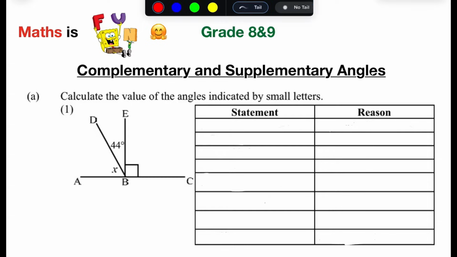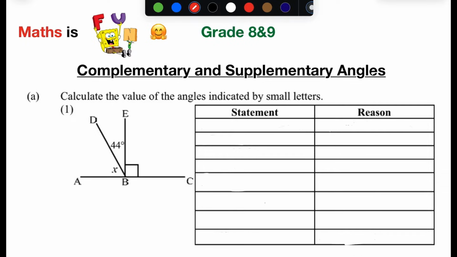So the complementary part here, since we are told that this angle is 90, therefore this means that it's also 90. So those two angles, 44 and x, when you add them, they are equal to 90.